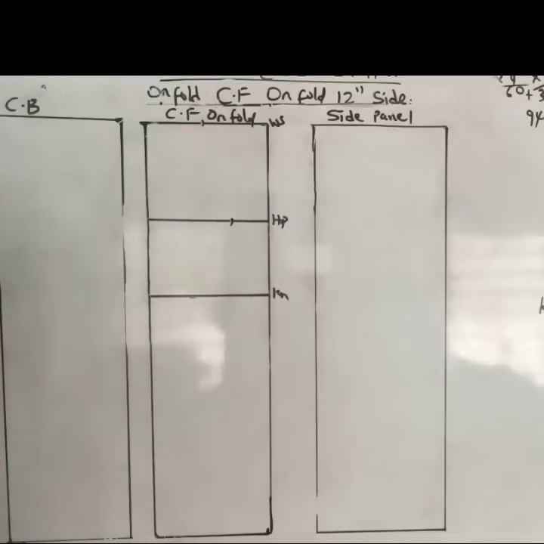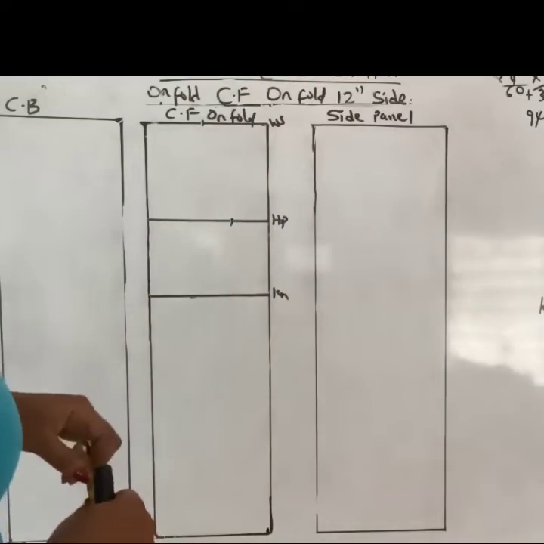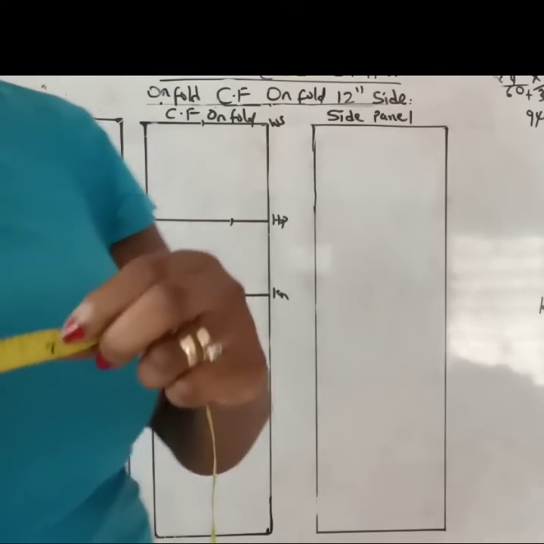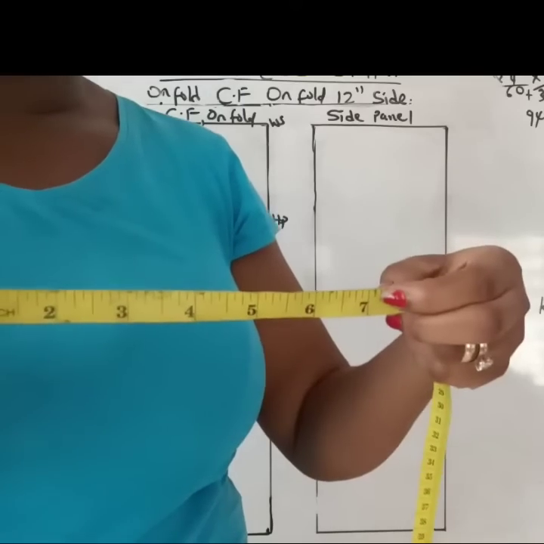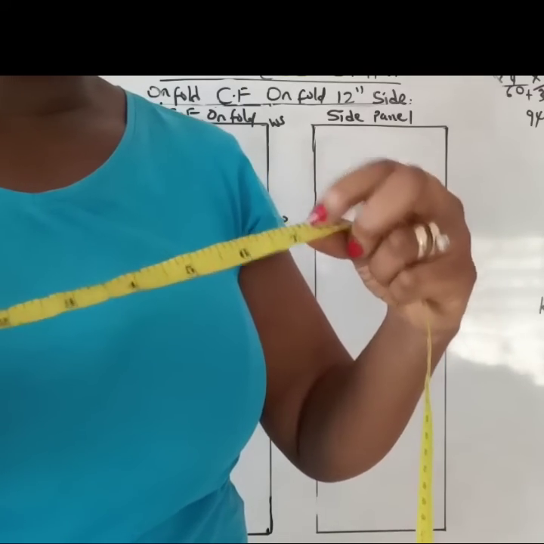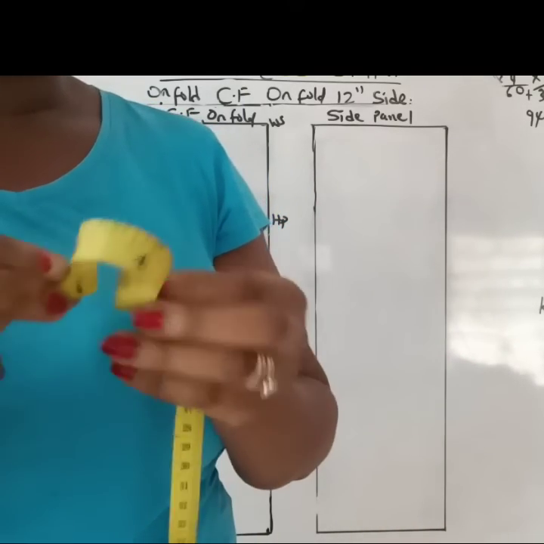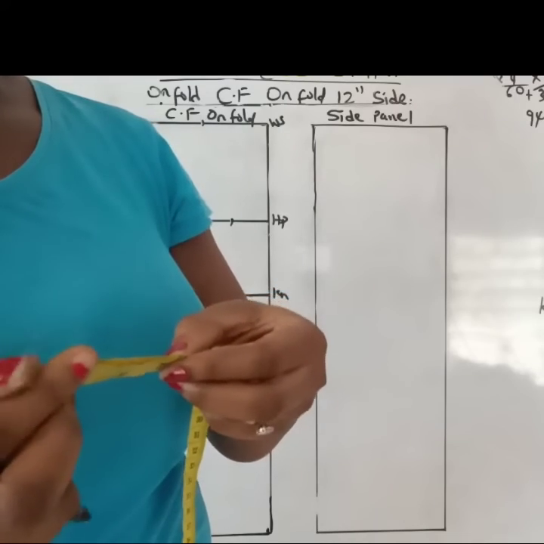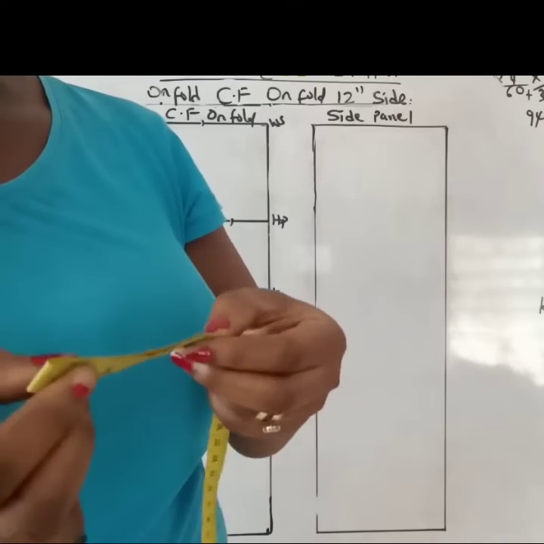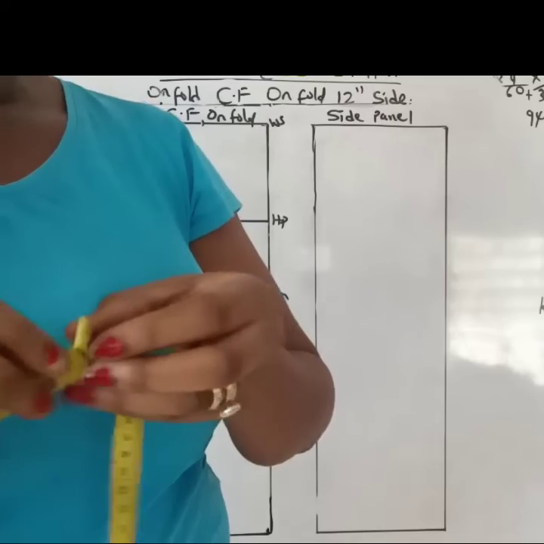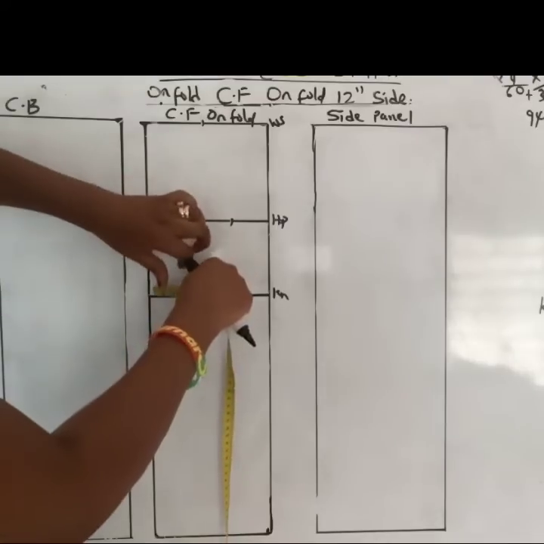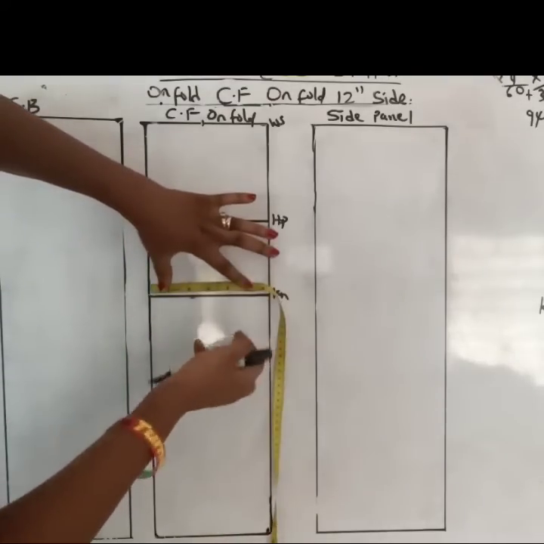And then for the knee, based on our calculation, we have 7.25. Divided by 2, simply fold your tape into 2, and you have 3.6. So we mark 3.6.